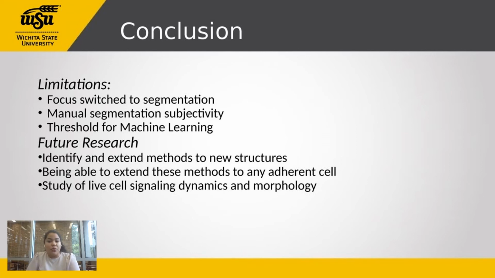Overall, the importance of this digital twin would be to acquire detailed morphology without having to physically label all of these structures, saving time and resources. And the more these machine learnings are trained, the better these segmentations and predictions should be.